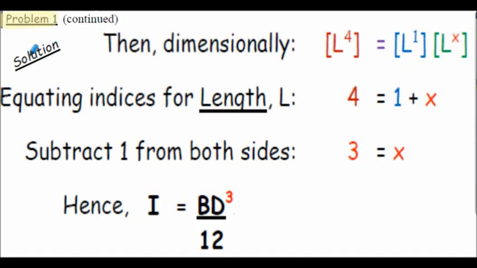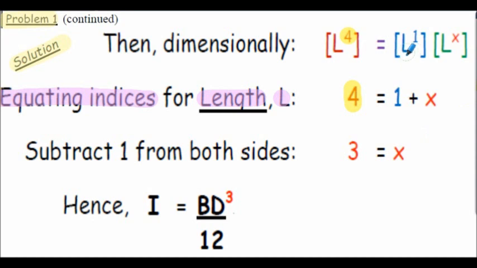So problem 1, solution continued here, just repeated the top line for convenience. So now we're going to use the process of equating indices between the left and right hand side of the equation for lengths L. So don't forget we're equating the indices here. On the left hand side we have L to the power of 4, so there's my 4 on the left hand side of my equation.